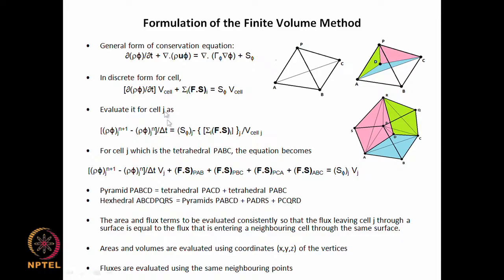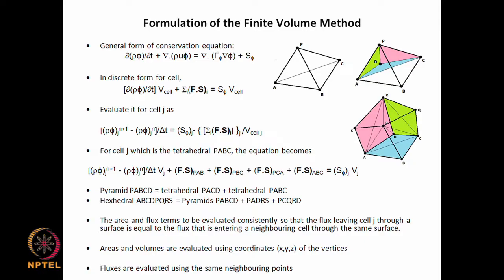This can be broken up into 3 pyramids, with this as the base, with the green one as the base, and with the pink one as the base. And each of these pyramids can be broken up into tetrahedra, and for each of these tetrahedra we have this discretization. So, we can write it in this particular way.